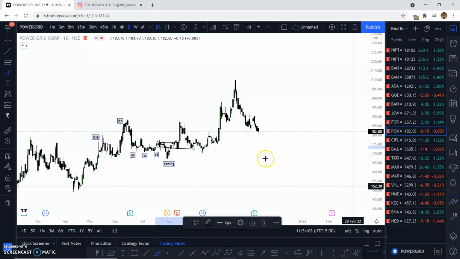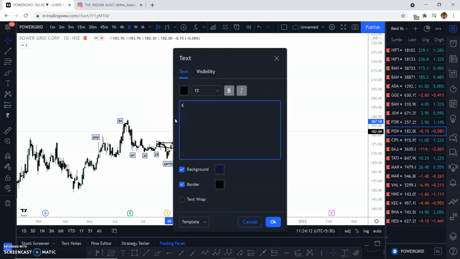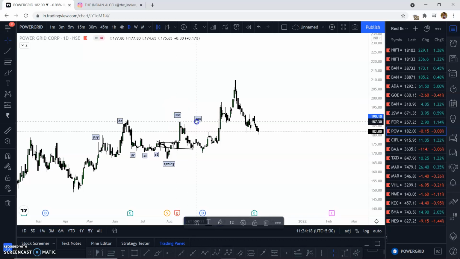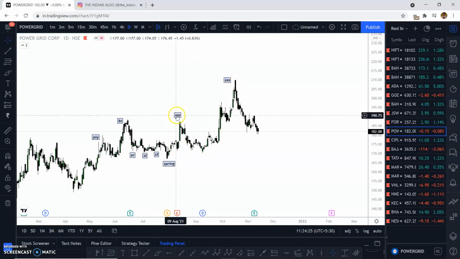That is my sign of strength. You can definitely call this your sign of strength, or you can also call this up move your sign of strength. It's fine. There are multiple signs of strength that you see, because this huge up move took out all the supply here. Hence this is a pretty huge sign of strength.